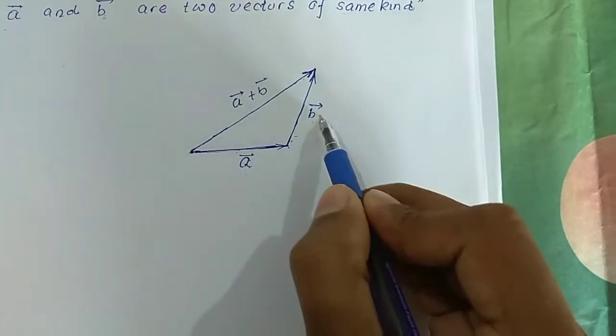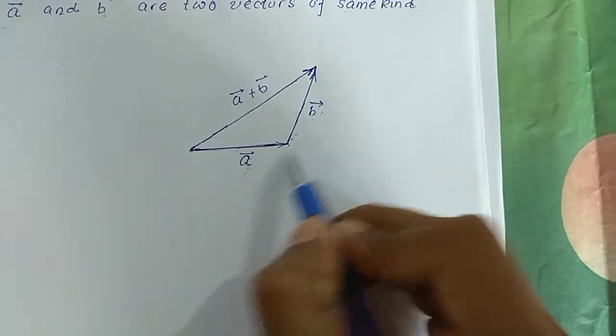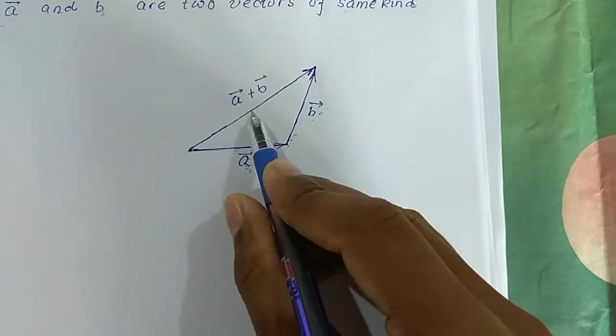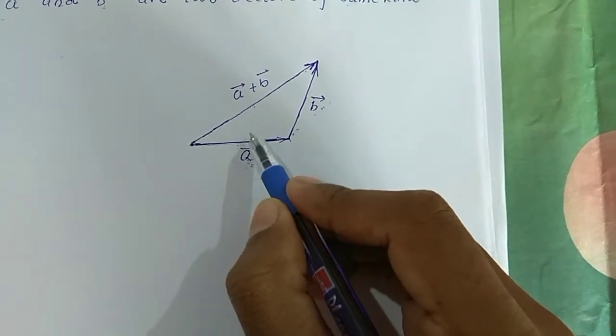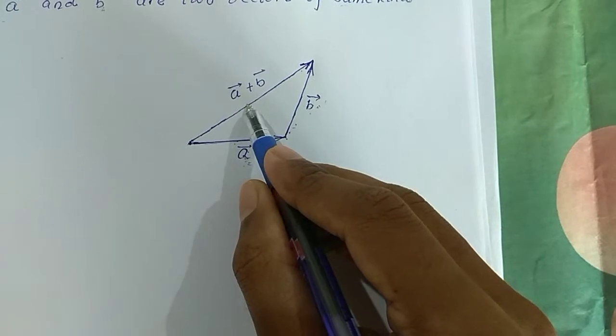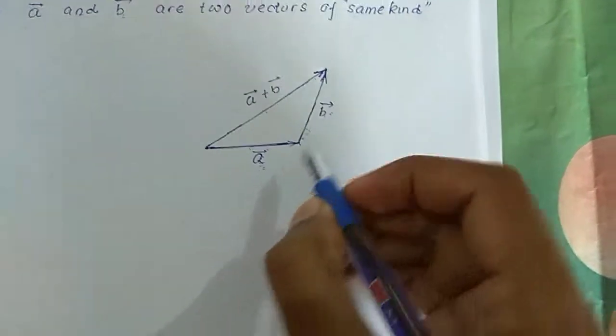That is, both vectors are in order, and this one is out of order relative to these two vectors, called reverse order.